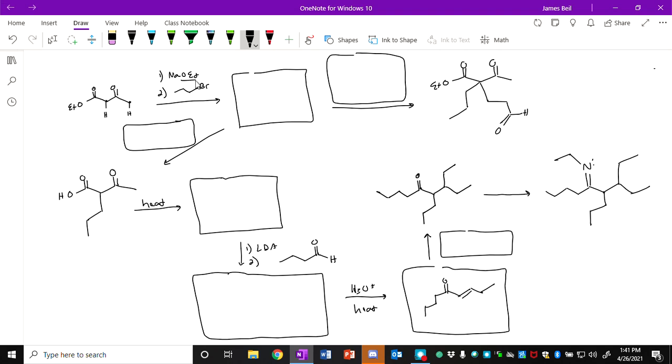So if I do add a base, I expect it to pick off the proton that produces a much more stable conjugate base for this compound. So that's going to pick off that proton. Normally, we said an OR is not strong enough as a base to convert all of the reactant into an enolate.